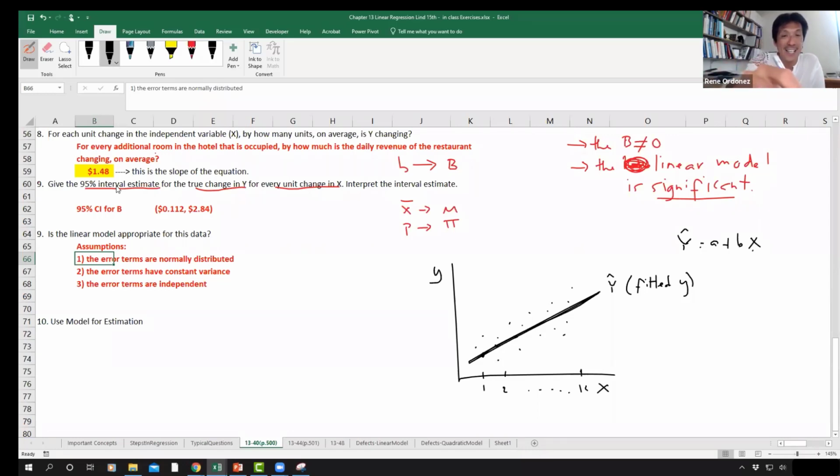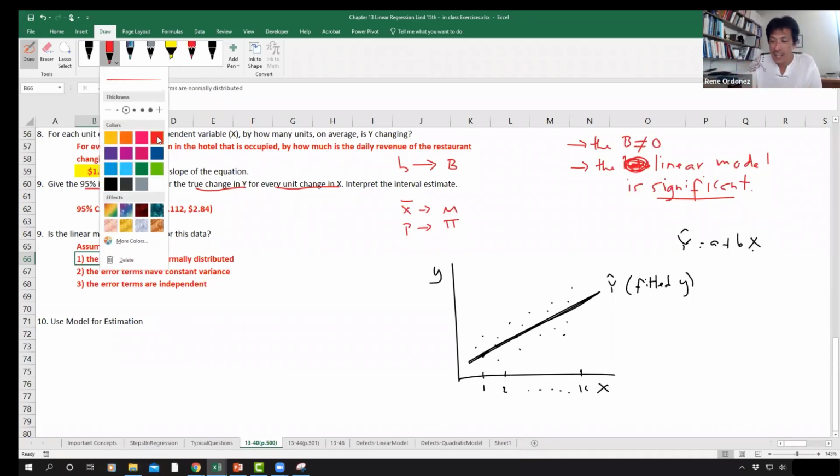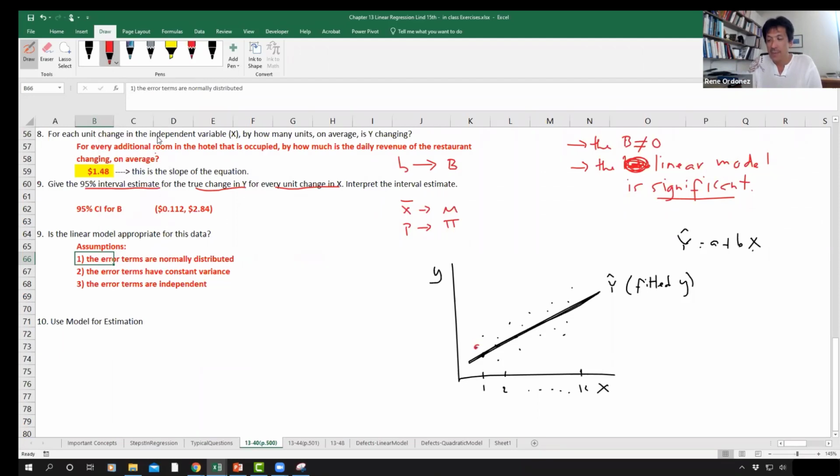The point here is called the observed Y. The distance from each of these observed Y's to the fitted Y is represented by these red lines.